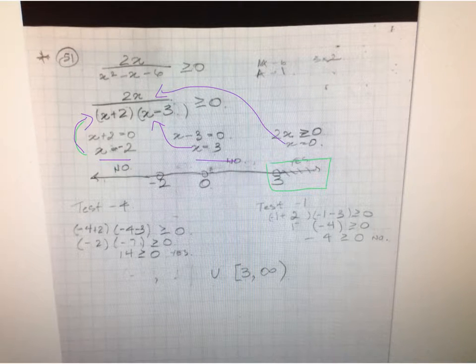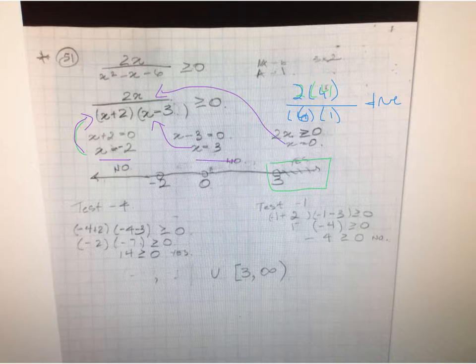So for example, 4 would give us 2 times 4, well that's an awful color, let's do it in blue, 2 times 4 over, sorry, we're putting in 4. That should be 6. Sorry, it's been a long day. And times 1. And so we end up obviously with a positive answer. We don't care what it is, but it's positive, and so that satisfies the equation. So we're going in the right direction there.